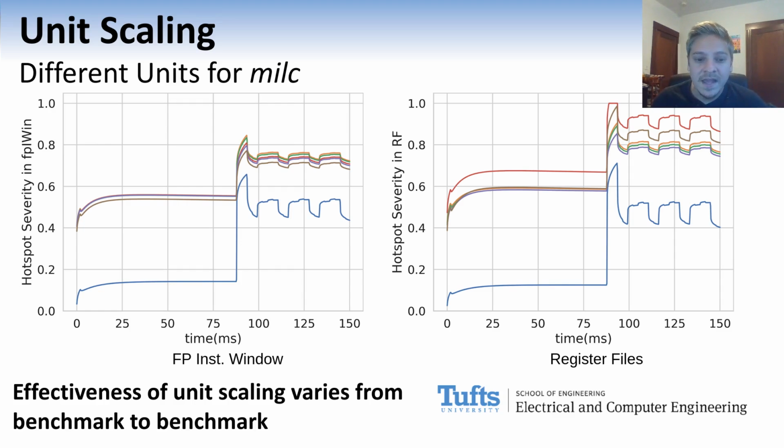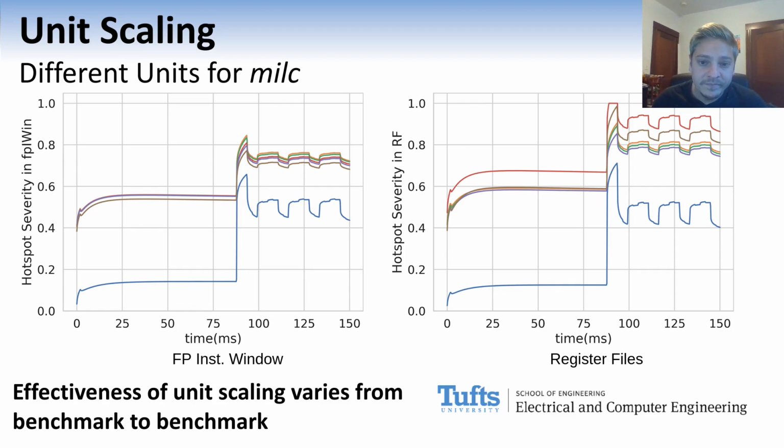But we see again that the 14 nanometer baseline is still way out of reach of this mitigation technique. So what we need is not only these targeted mitigation techniques, but something that is going to simultaneously target and mitigate hotspots in the surrounding units as well.